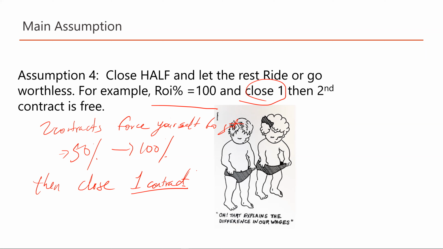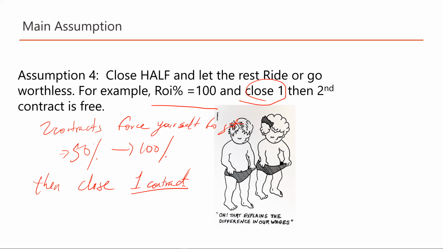This is the assumption that you're going to do. This is not a technique. That's the assumption. We're all going to assume that you open up 2 contracts minimum, at least, when you find a setup or a strategy. And when you do that, you're going to force yourself to hold for those 2 contracts and determine between the ranges of 50% to 100% return.